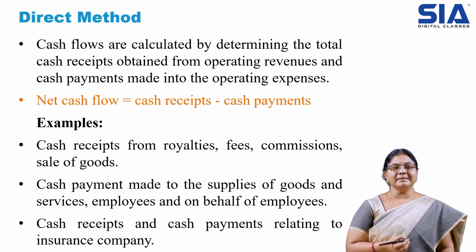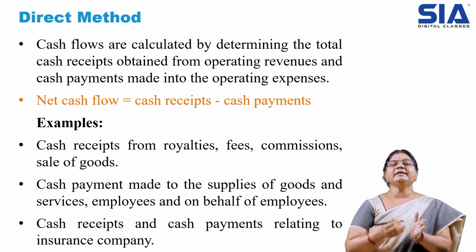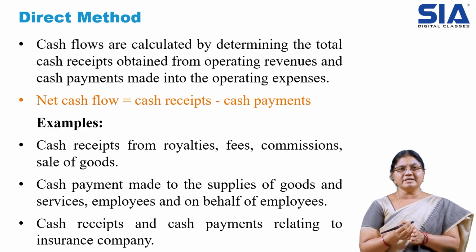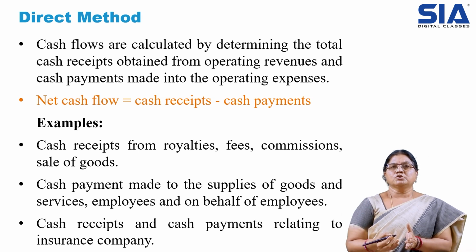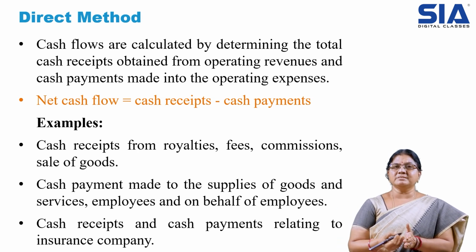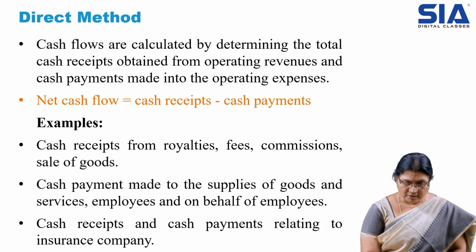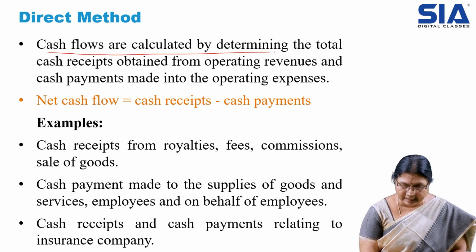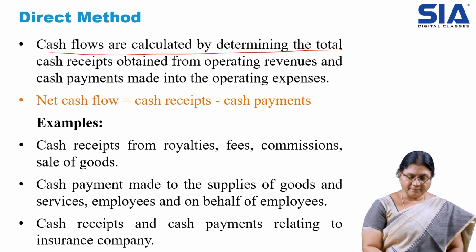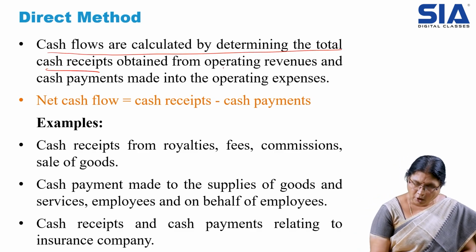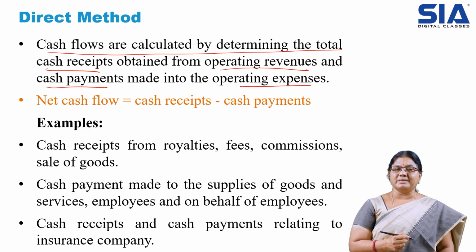The direct method considers the net cash flows. Net cash flows again have inflows and outflows. Outflows will be cash payments, and inflows will be cash receipts. So cash flows are calculated by determining the total cash receipts of the operating revenues and the total cash payments of the operating expenses.